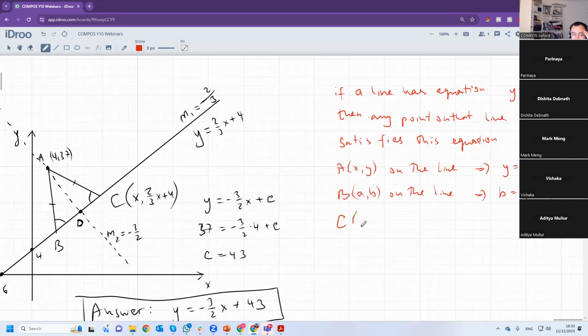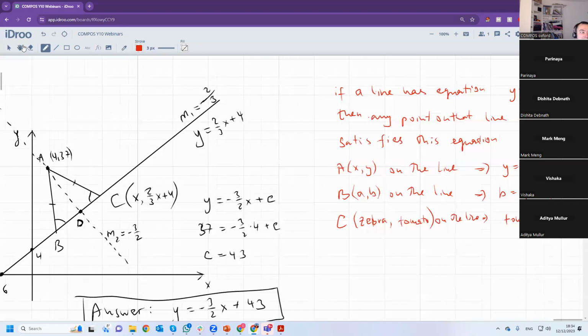If point C with coordinates zebra and tomato is on the line, then tomato is equal to 2/3 zebra plus 4.